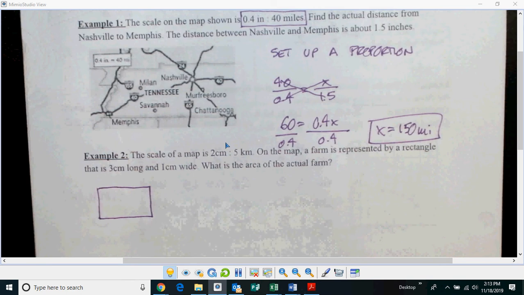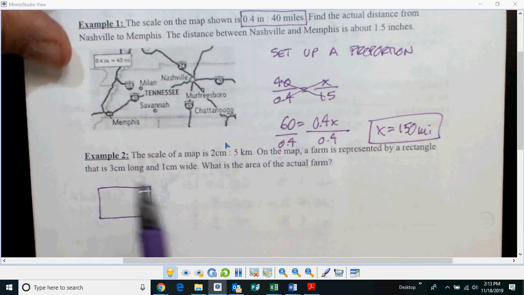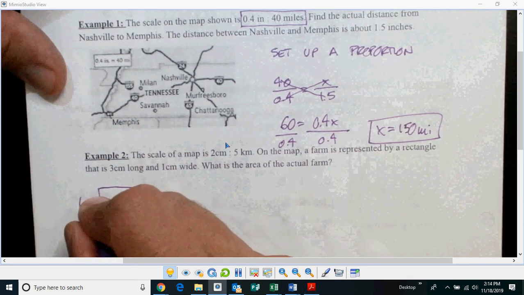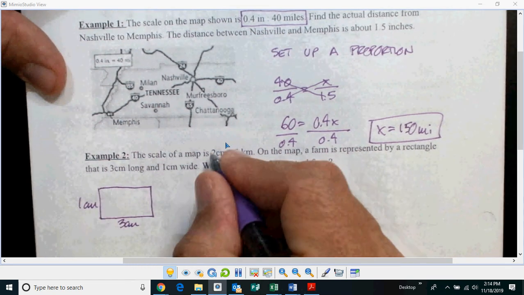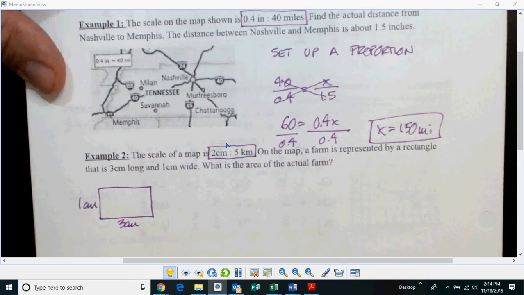All right, now, what do we know about this rectangle? It has 4 sides. Okay. It is 3 centimeters long and 1 centimeter wide. Now the scale is 2 centimeters is 5 kilometers. So I'm trying to figure out the kilometers for each of these.